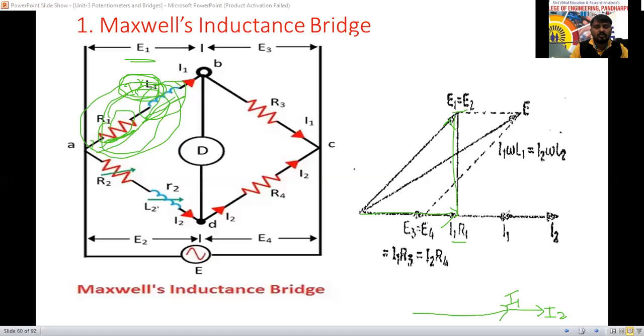Both are the same only. This I1 is the reference we have taken here now, so you consider the anti-clockwise direction. So is I1 lagging the E1 or leading the E1?